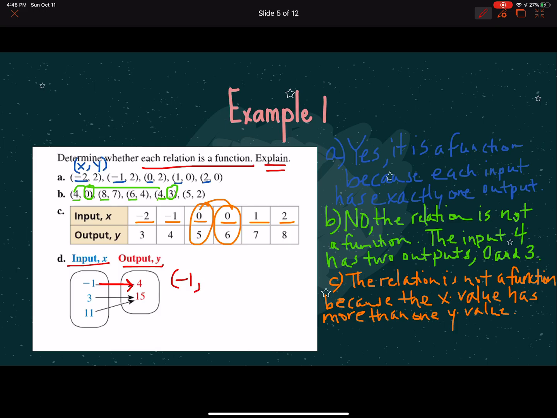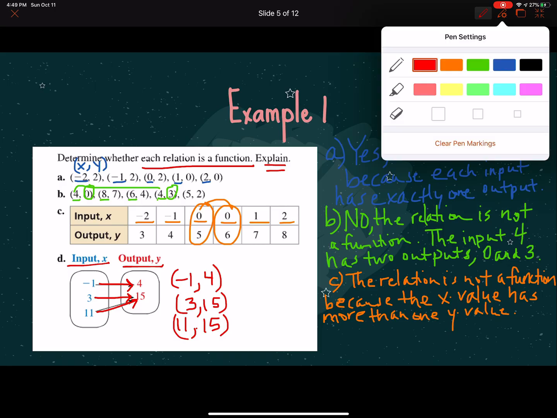So that arrow is just telling us that the x value -1 pairs up with 4. The x value 3 is pairing up with 15. And the x value 11 is also pairing up with the y value 15. So this mapping diagram would be the same information as those ordered pairs: -1, 4, 3, 15, and 11, 15.